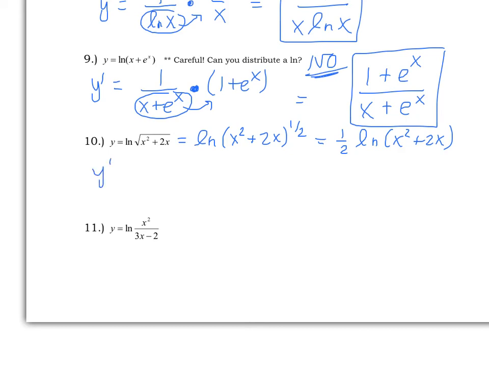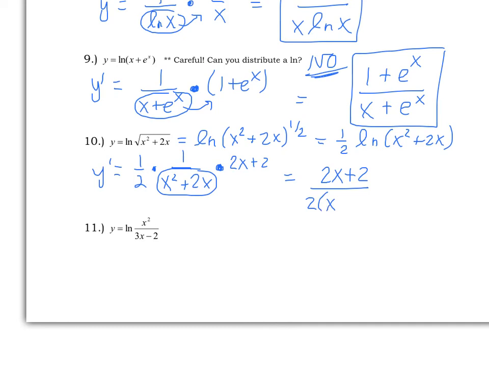So now I'm ready for my derivative. That 1/2 in front comes along for the ride. The derivative of the natural log of something is 1 over that something, so x squared plus 2x. And then I have to chain along the derivative of this bottom, which is 2x plus 2. So I can rewrite this as 2x plus 2 all over 2 times x squared plus 2x.